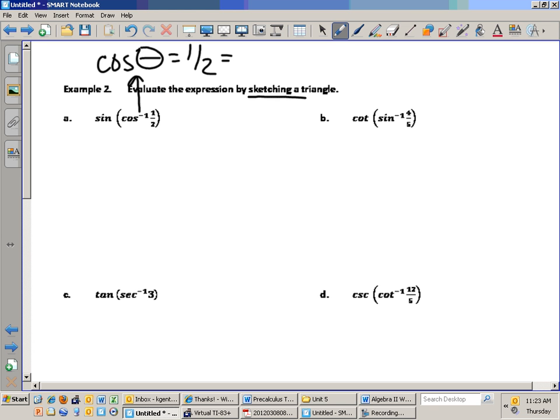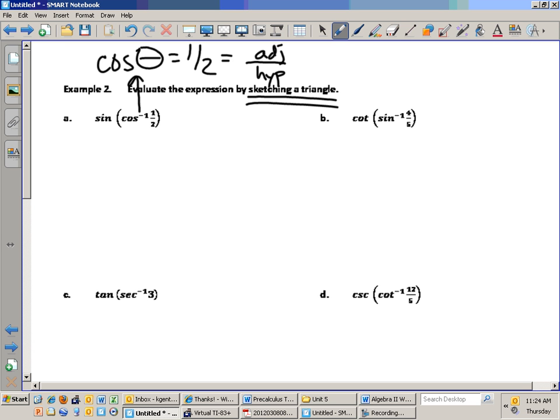I'm going to sketch a triangle with opposite, adjacent, and hypotenuse to be able to figure out the sine piece here. What is cosine in terms of opposite, adjacent, and hypotenuse? Adjacent over hypotenuse.